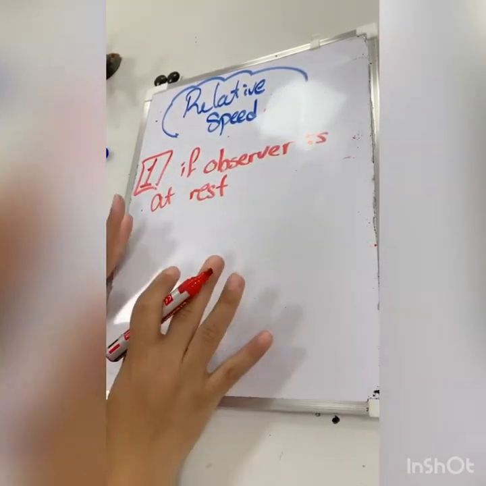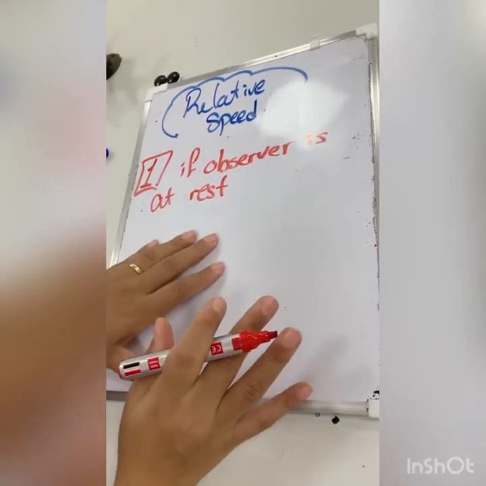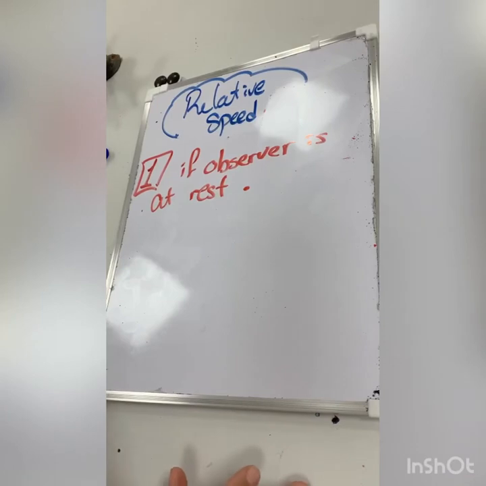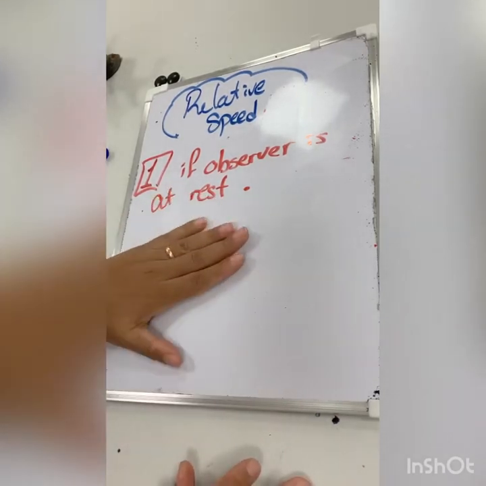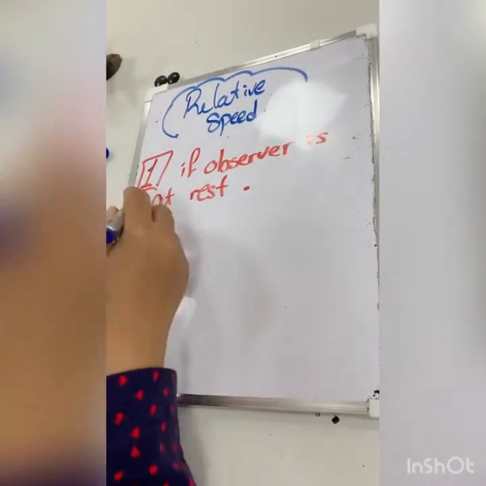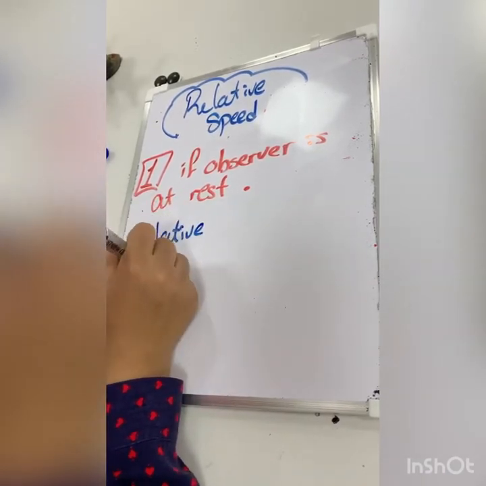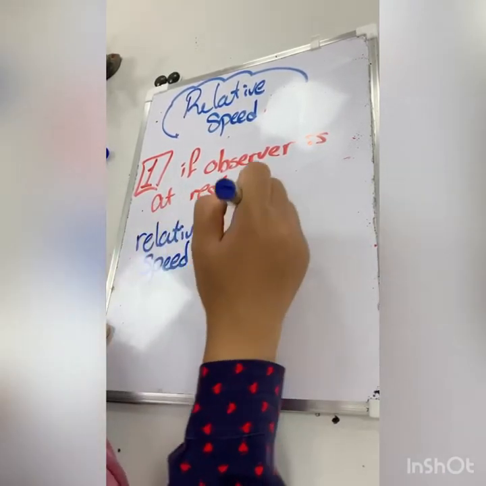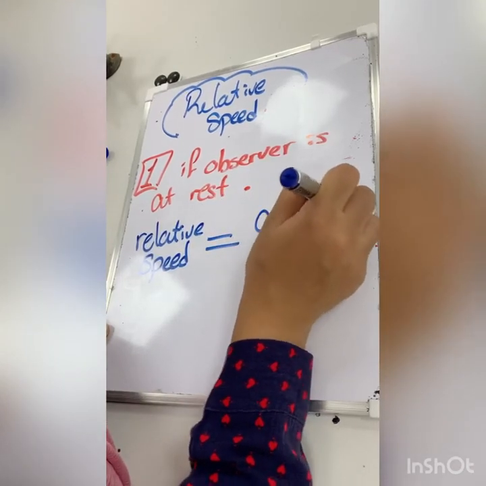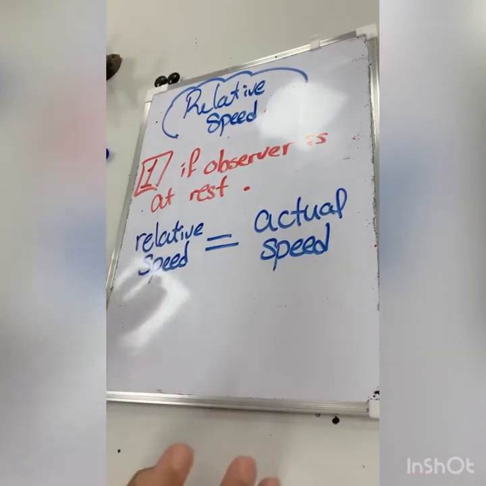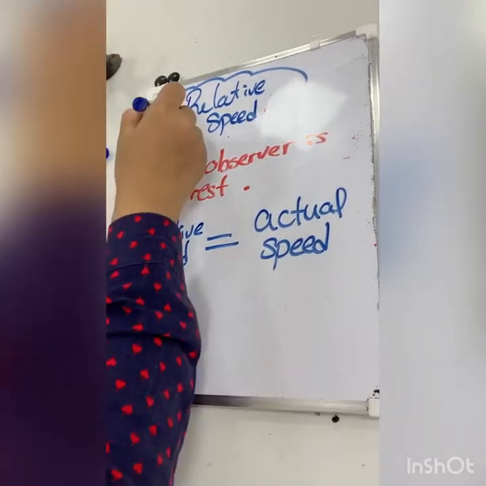That means the observer is a police officer standing on the pavement and looking at the cars. What will he see? He will see that the relative speed of any car is equal to the actual speed. He will see the real speed of any car moving in front of him.